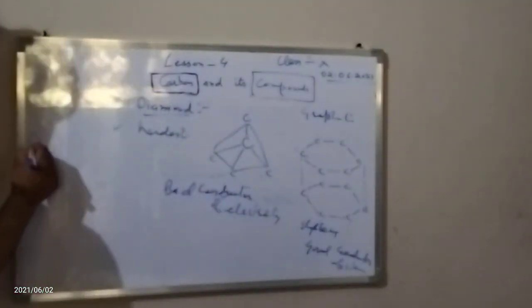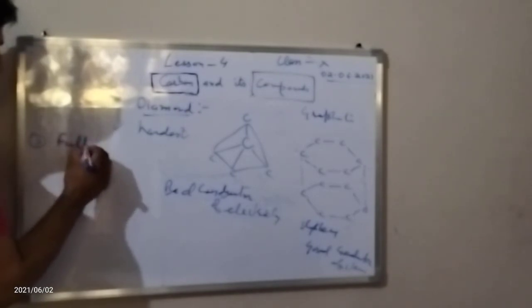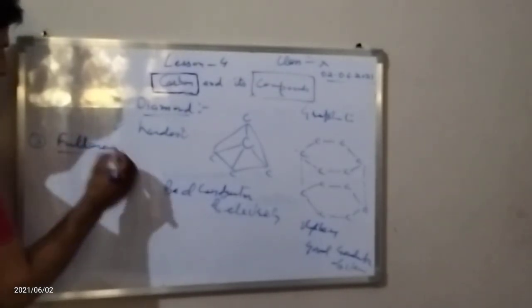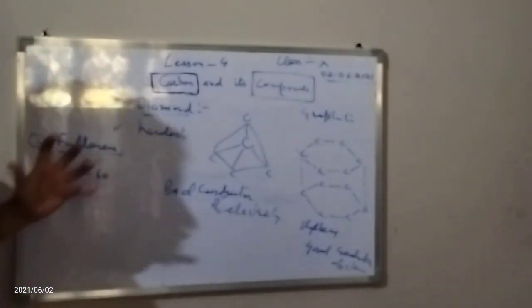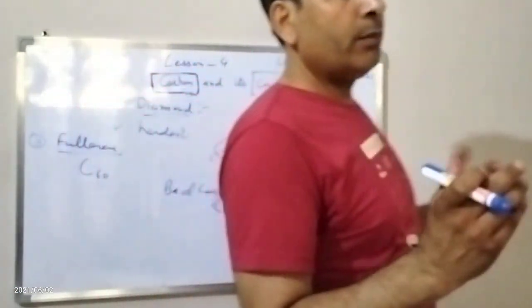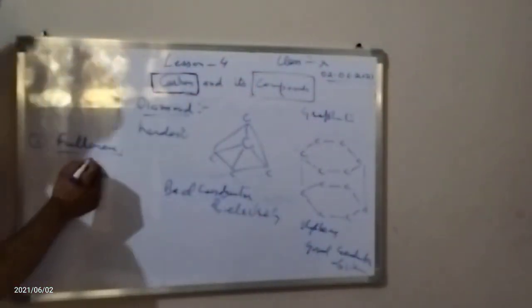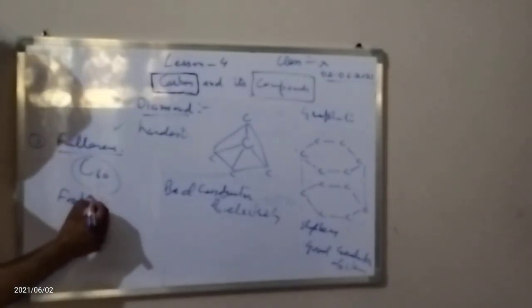Now, let us talk about Buckminster Fullerene. It is denoted by C60. It is a form of carbon having 60 carbon atoms. It has a football-like structure.